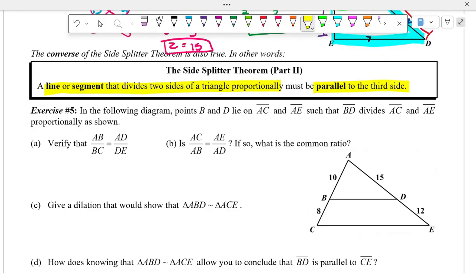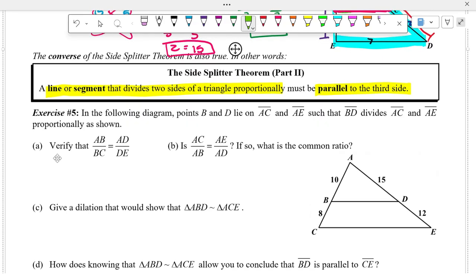So very quickly. We need to verify that AB over BC is equal to AD over DE. So I would do 10 over 8 is equal to 15 over 12. If I simplify 10 over 8, what is that? 5 over 4.